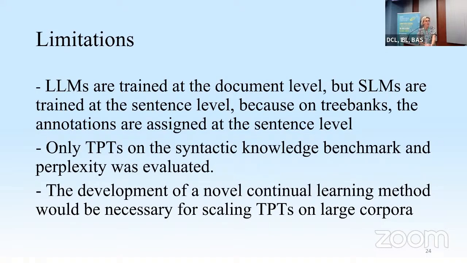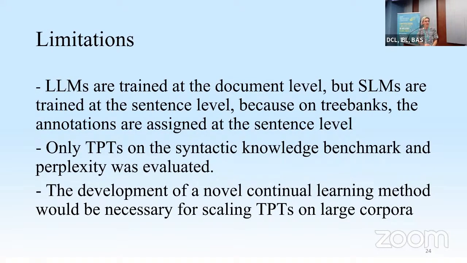These big models are trained at the document level, I mean, usually the large models are trained at the document level, but the syntactic language models are trained on the sentence level. So there is some discrepancy on that. And the annotations in tree banks are really sentence dependent. So there should be some way to make them work together.